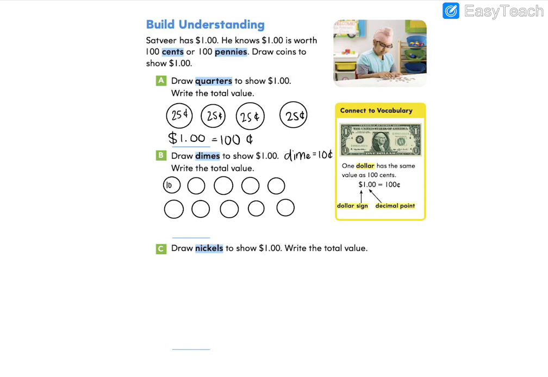I'm just going to write 10 cents in one of my dimes because I know all of them will be equal. Again, this is equal to 100 cents. We just counted to 100. And 100 cents is equal to $1.